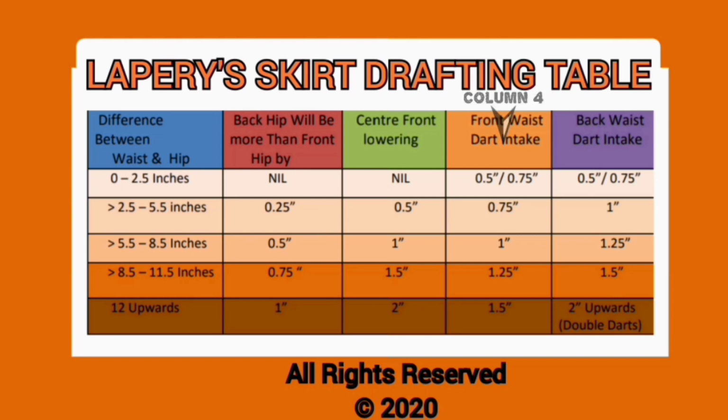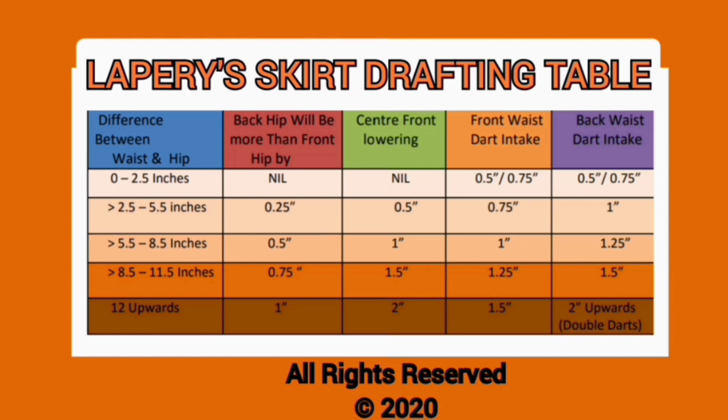So the LAPERY'S skirt drafting method is debunking that norm of making that intake 1 inch all the time. In the fifth column, we have back waist dart intake. This fifth column guides us to knowing the width of our dart for the back piece, which many a time is not always the same as well.